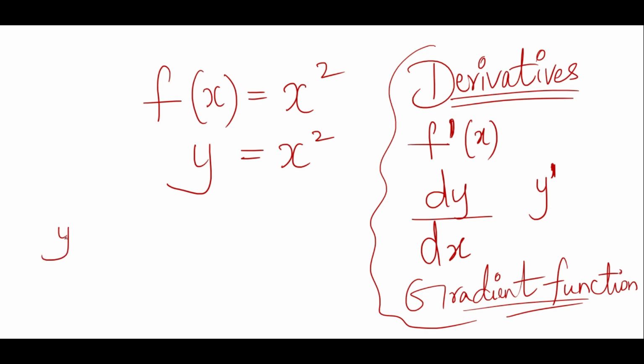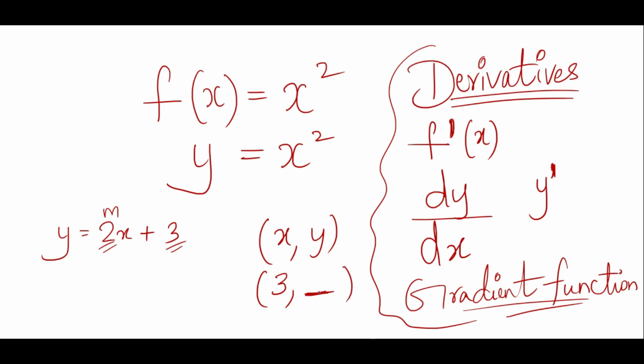Another thing that you should understand is, for example, considering the straight line equation y equals 2x plus 3, where m stands for the gradient here, which is the value 2, and 3 is the y-intercept. Now in this case, if you know that a coordinate x comma y is defined as 3 comma something, you don't know the y coordinate, and if you know the straight line equation, you can just replace this x with the value 3.